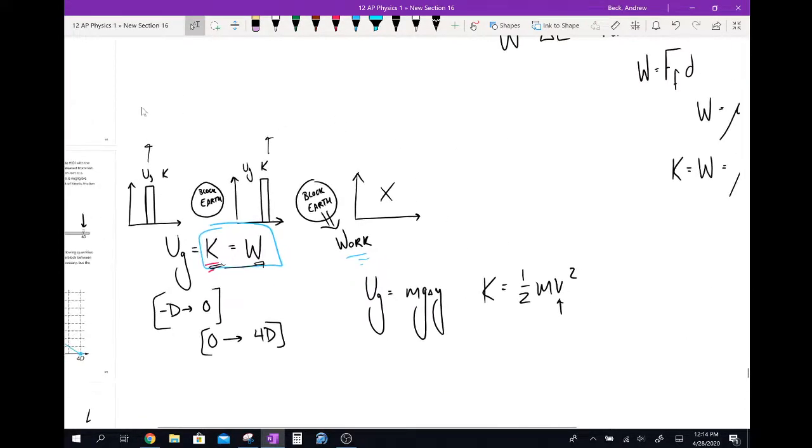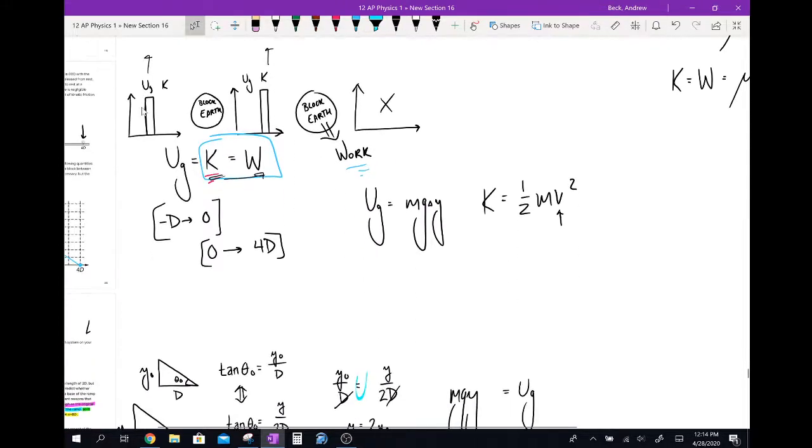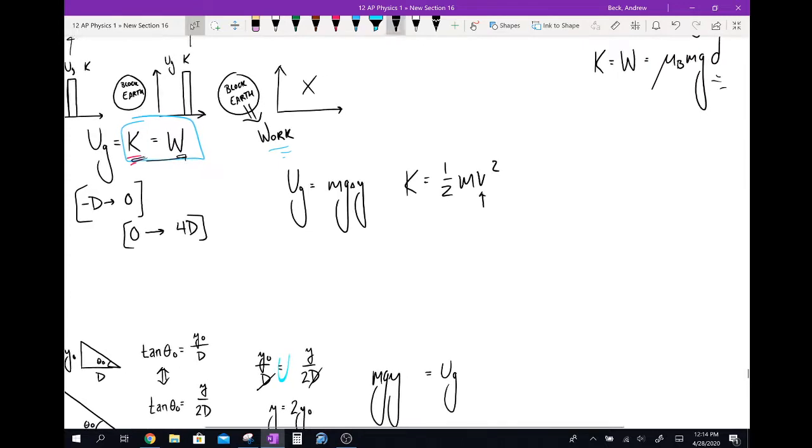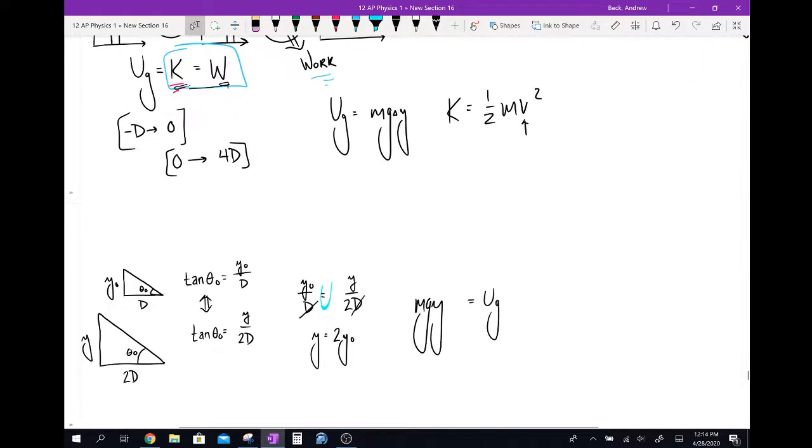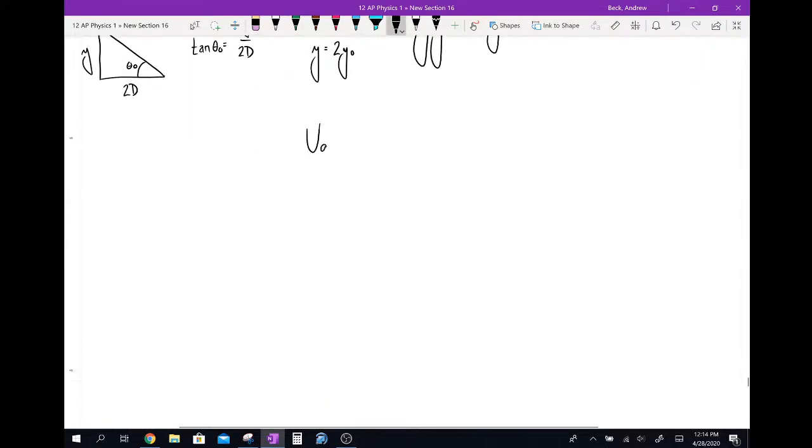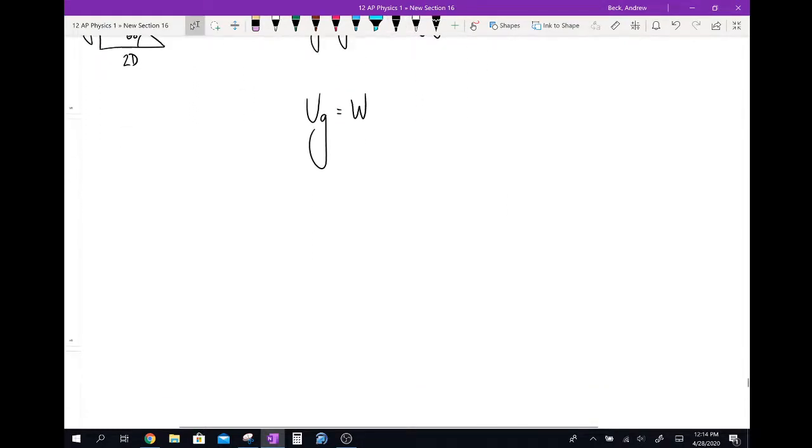So what we can look at is we said, well, this potential energy equals the kinetic energy, which equals the work. So let's skip a step there. Let's not even look at the potential or the kinetic energy. So we said that this UG is equal to our work. What we're saying is we doubled our height. So this is our situation 1.